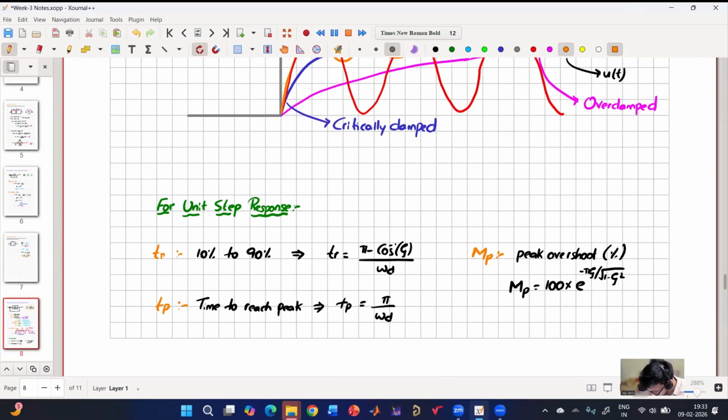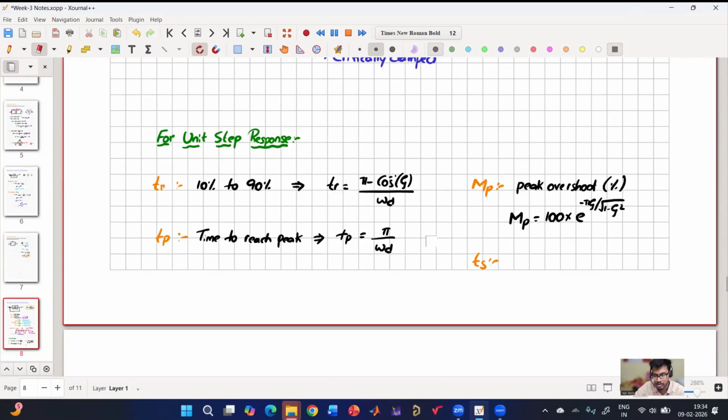100% into e to the power minus pi zeta by square root of 1 minus zeta square. And then there is another term called settling time. This is called settling time, and it is defined as Ts equals 4 by zeta omega n.